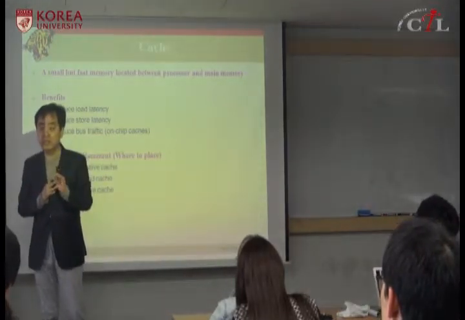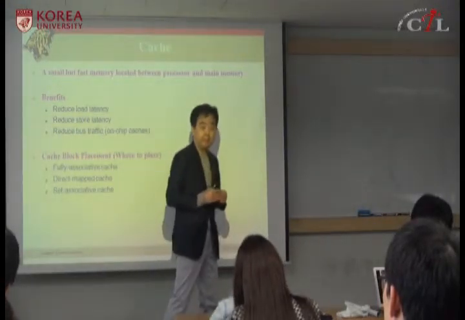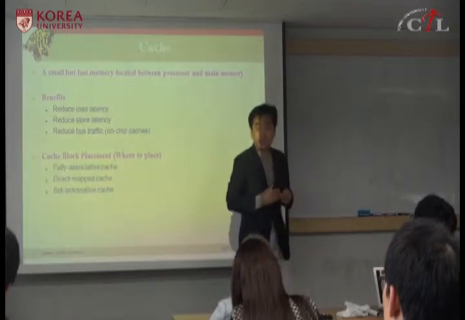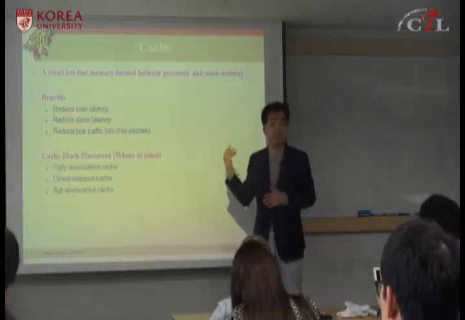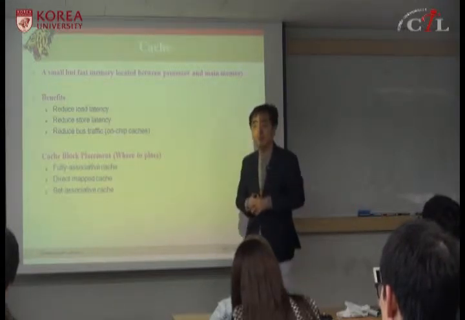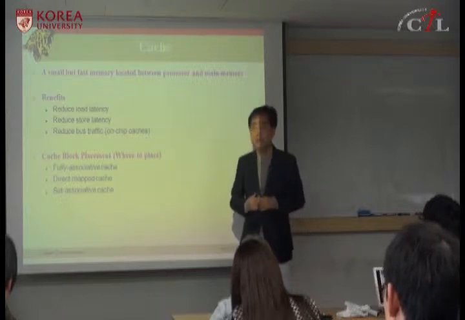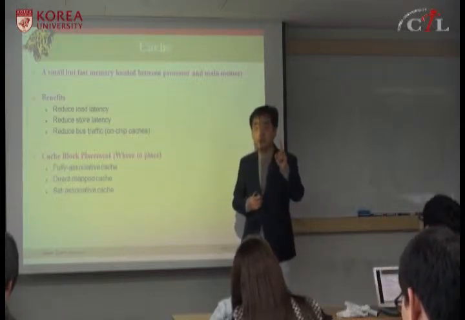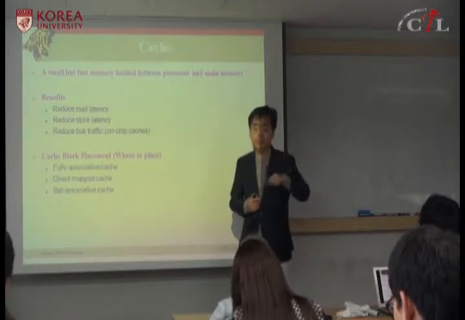The second reason is it's fast because it's made of SRAM instead of DRAM. SRAM, static RAMs are faster than dynamic RAMs. We will study what is static, what is dynamic, in a little bit more detail. Static RAM means latch. Dynamic RAM means single transistor, single bit. It's a capacitor, or switch.